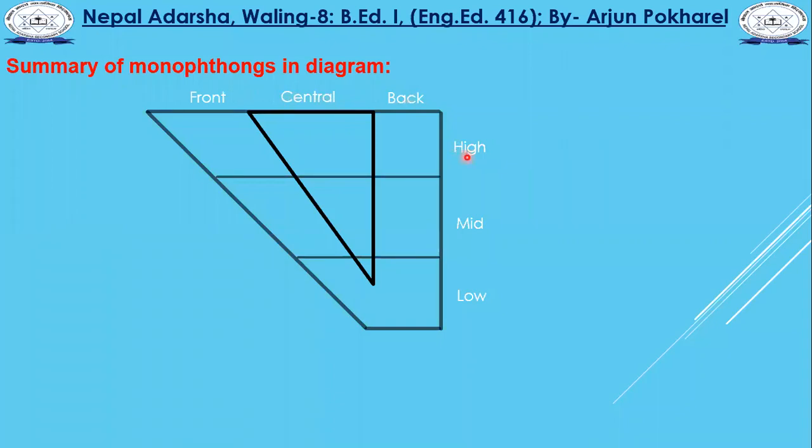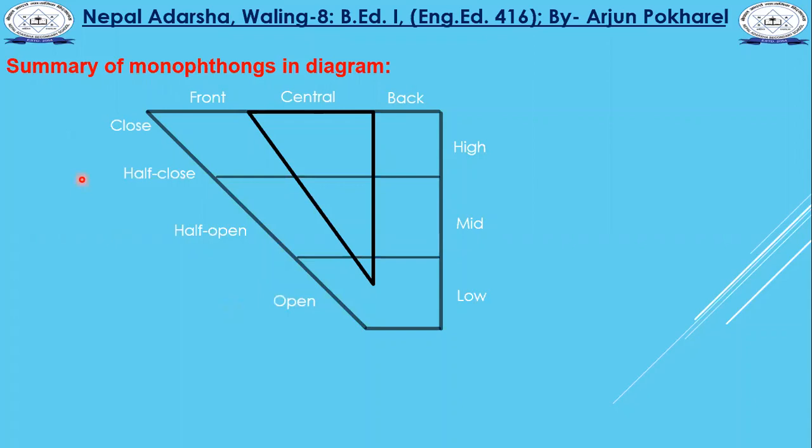This is on the basis of the height of the tongue. It is also on the basis of the part of the tongue raised in the production of the monophthongs. The next one I would like to give you is closed vowel, half closed vowel, half open vowel, and open vowel.